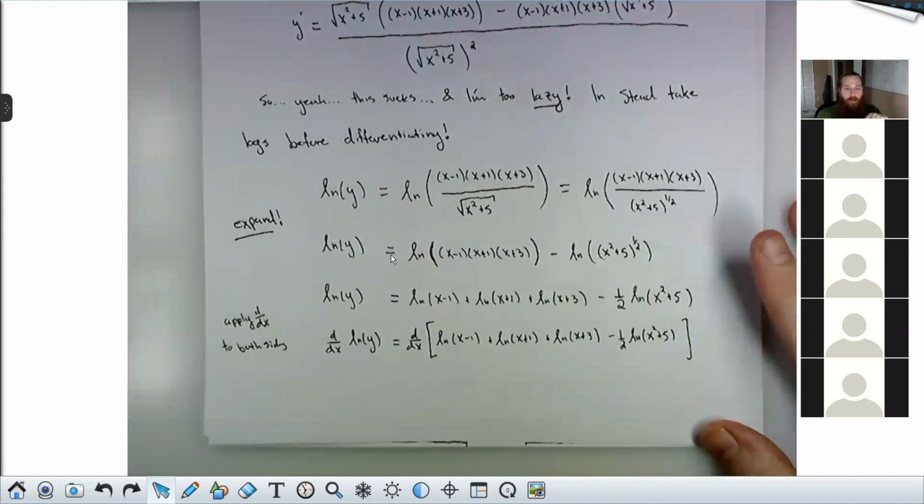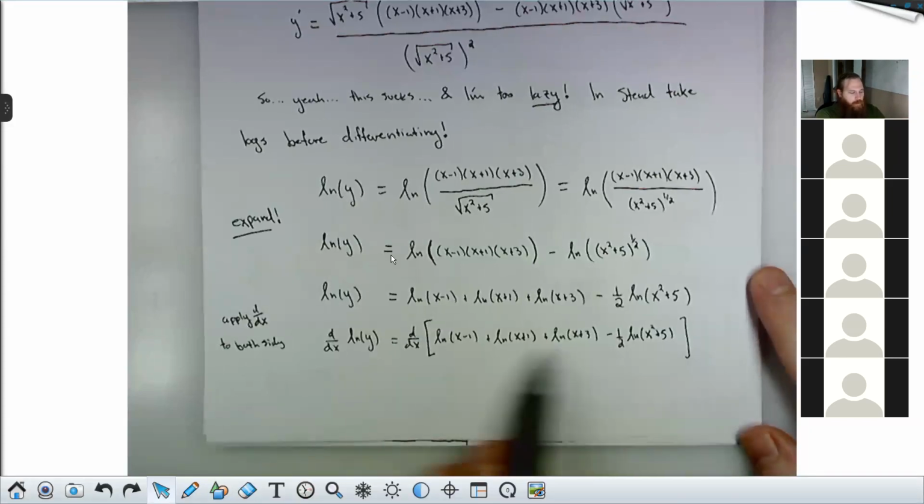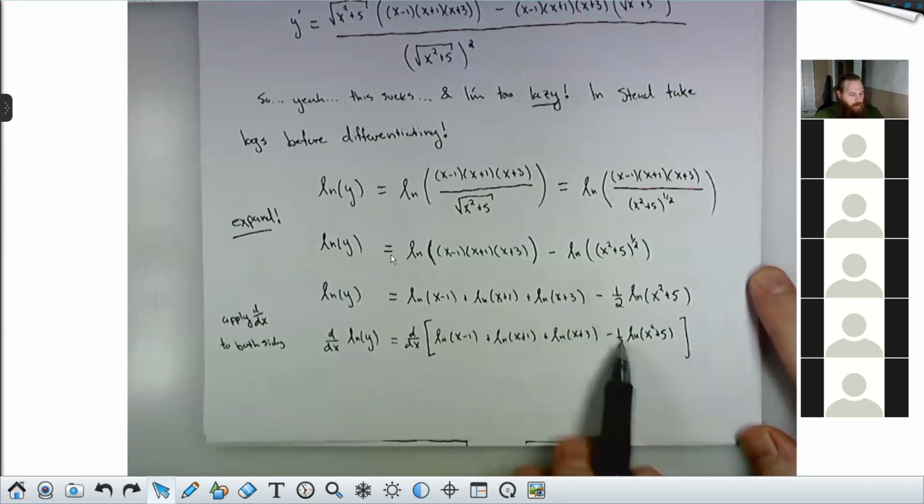And the magic is that the log took all the multiplication and division and turned it into addition and subtraction. So instead of needing some wild rules, I can differentiate each one of these on their own. They all require a tiny little bit of chain rule, but that's it. Much, much, much easier, right?